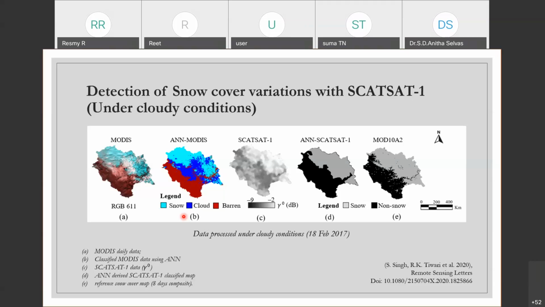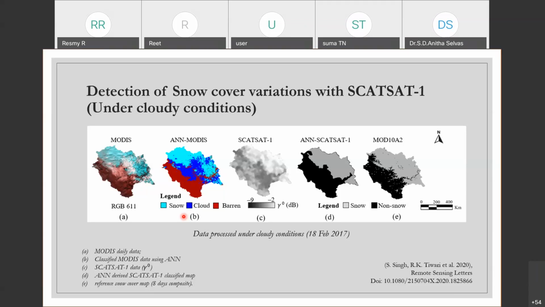In the 16-day image you will have less probability that one particular region will be covered by cloud for that entire duration. But even if we use this method to find the best quality image, it is still not possible to get a cloud-free image, because in hilly regions some areas may be covered by cloud for the entire 16-day duration.